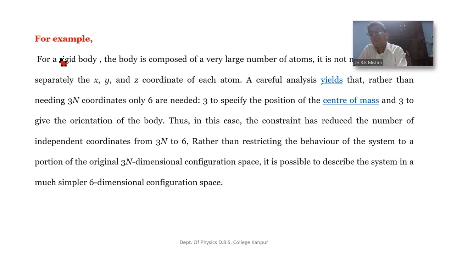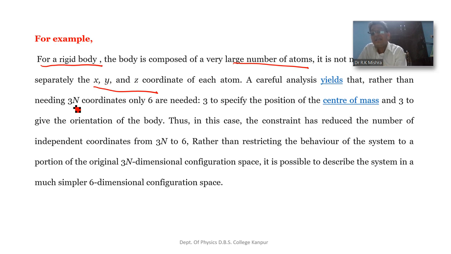For example, consider a rigid body. A rigid body is composed of a large number of particles, a large number of atoms, and each atom is described by 3 coordinates.